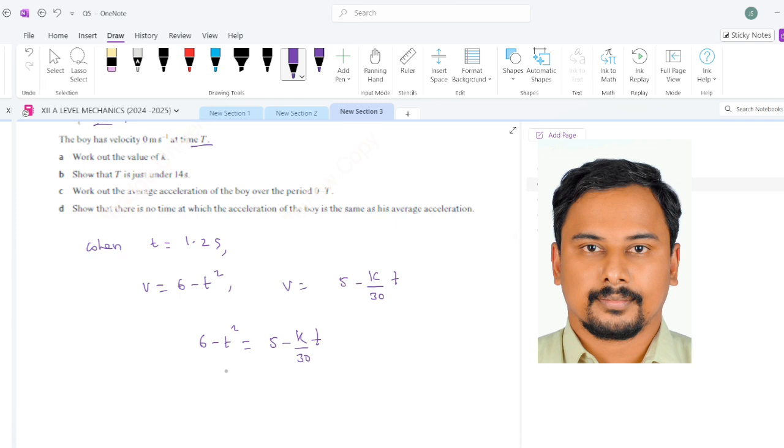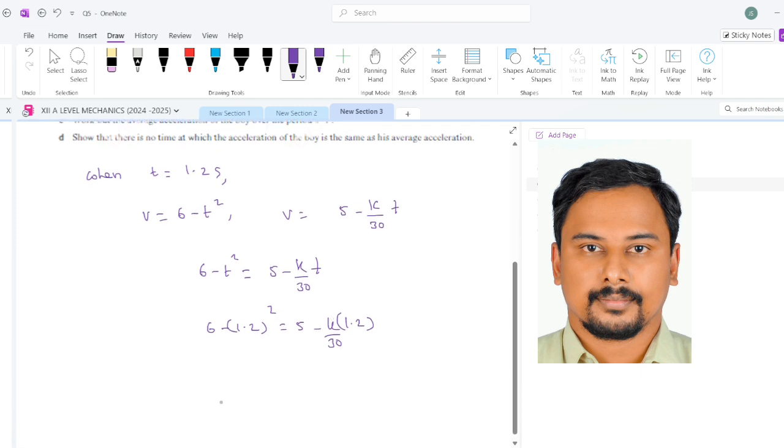So bring the terms to one side. This is 5 and this is 6, right? They are numbers. So if you substitute t as 1.2, 6 minus 1.2 whole squared is equal to 5 minus k by 30 into, in the place of t, you can substitute 1.2.